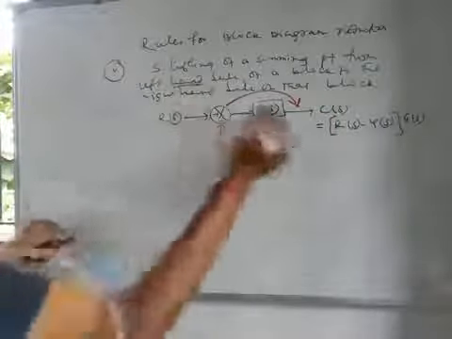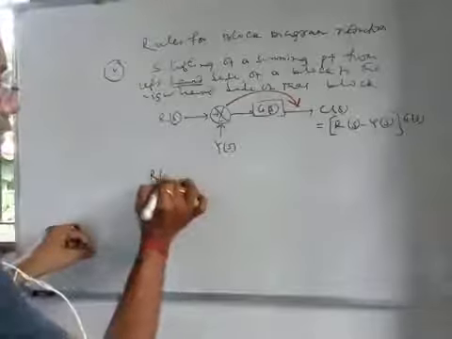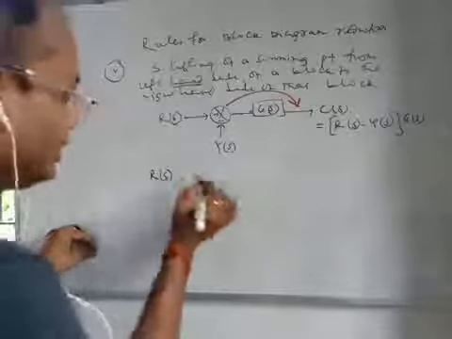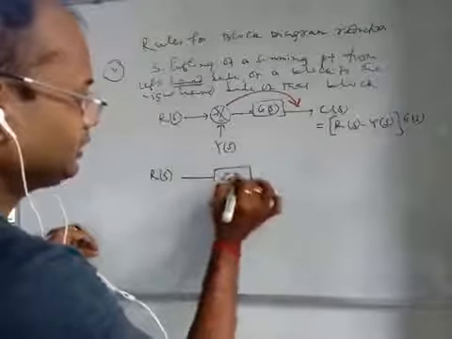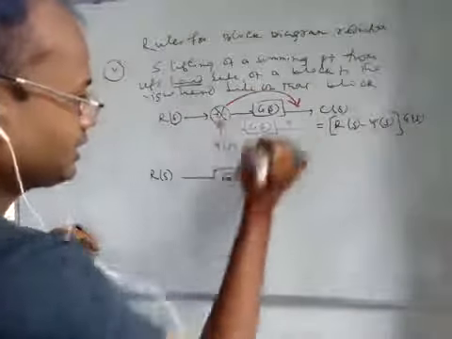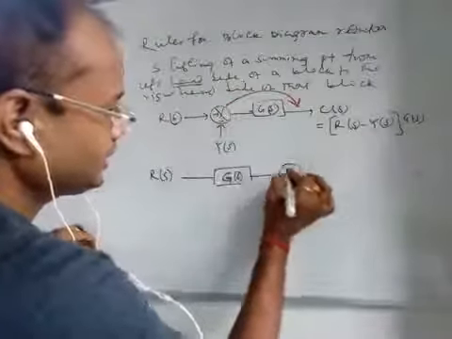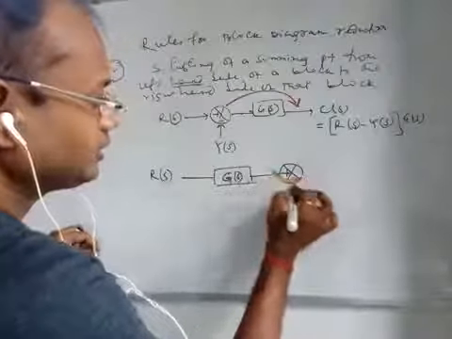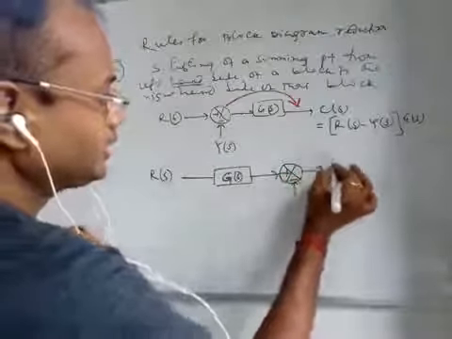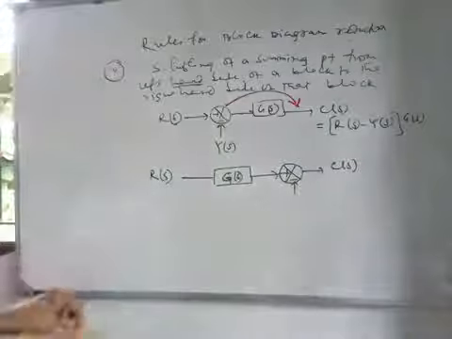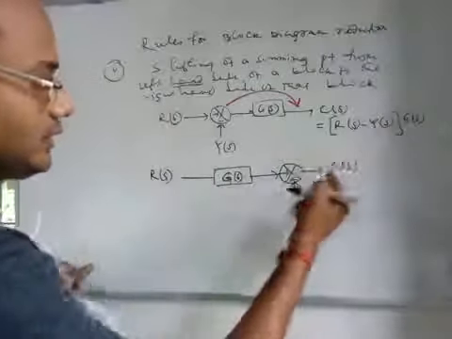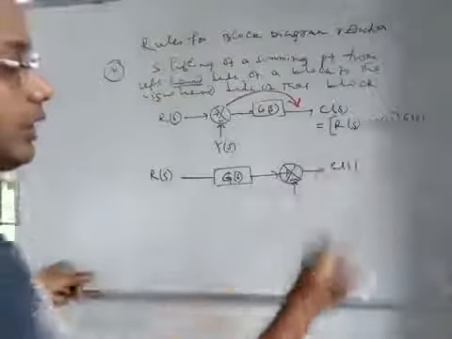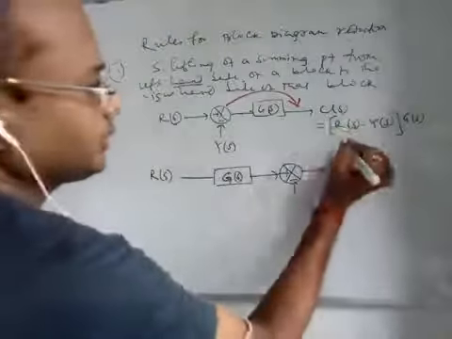All the terms will remain the same. So you will put here RS, this will be your GS, there will be no change, and this is shifted here with the proper sign without change, and you get CS here, right? So what should be your CS? That is RS GS minus YS GS. That is very simple.